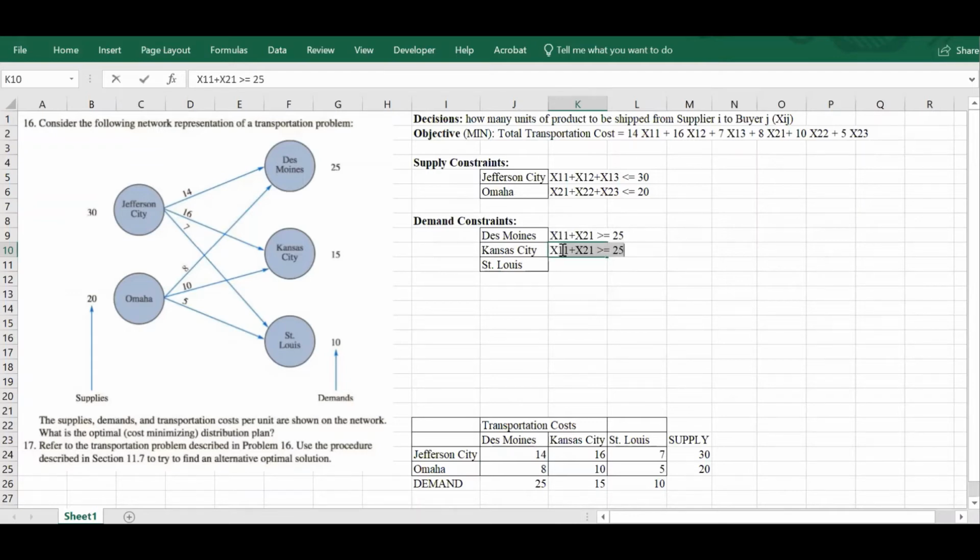So X12 plus X22 greater than or equal to 15, which is the demand for the second buyer. For the third buyer, we have X13 plus X23 greater than or equal to 10.